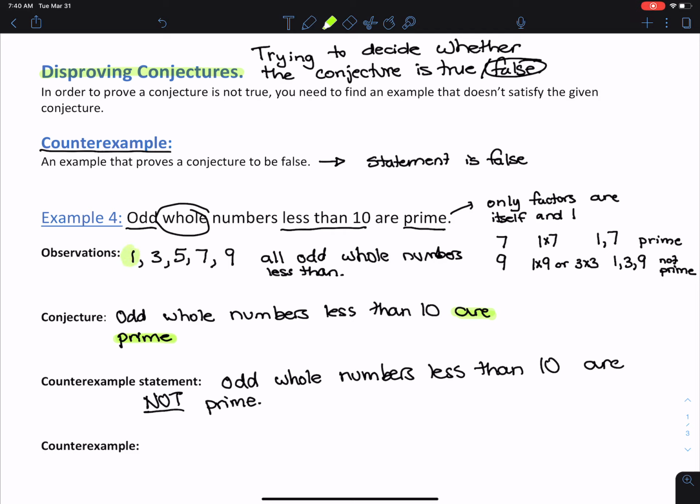It's kind of a weird example. It's not prime because it only has one factor. And 9 is not prime because, again, we can use 3 times 3 to multiply to get 9.